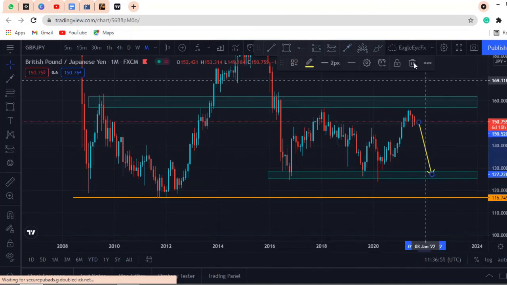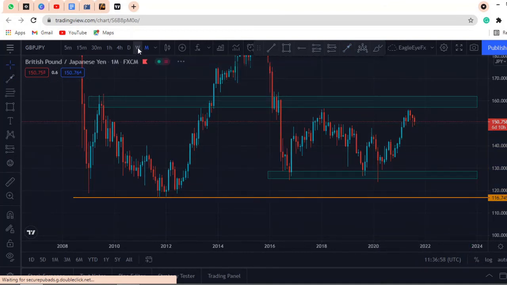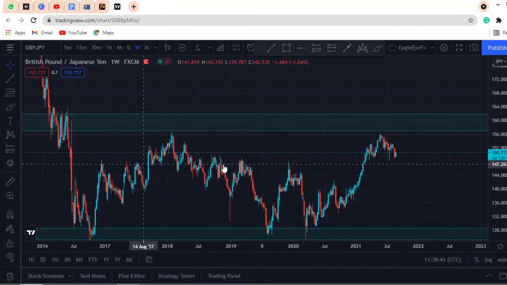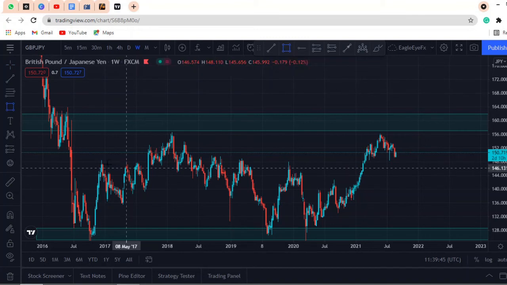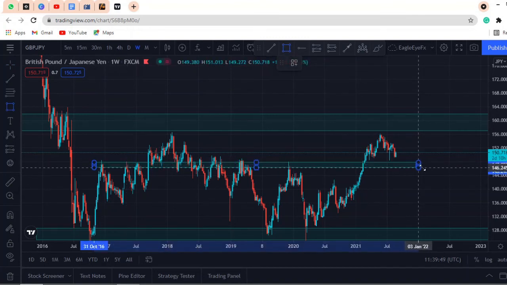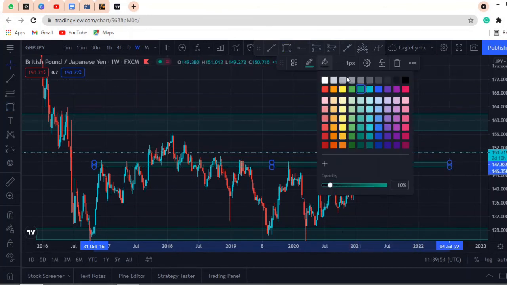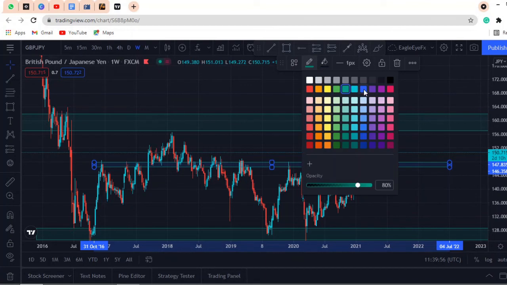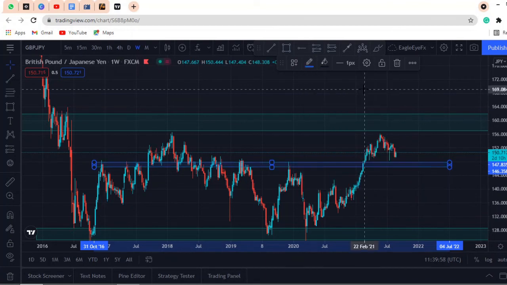All right, but let's go down further to the weekly time frame. On the weekly time frame, I see another zone here. I see another zone over there. Let's change the color so that at least it's not confusing.